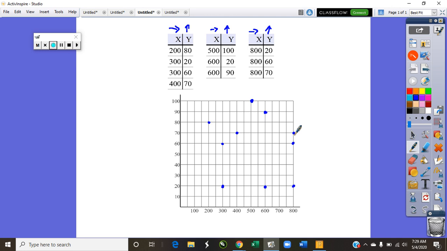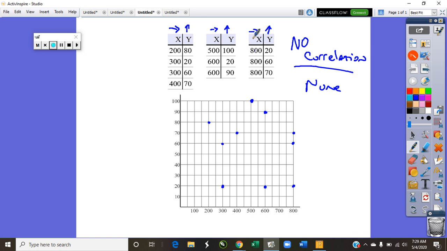There's not a positive or a negative. There's not really a pattern formed here. So on this one, all we're going to say is no correlation. Or we could just say none. And remember, if there is no correlation, or if you have an answer of none, there's not going to be a linear or nonlinear. Does that make sense for that one?